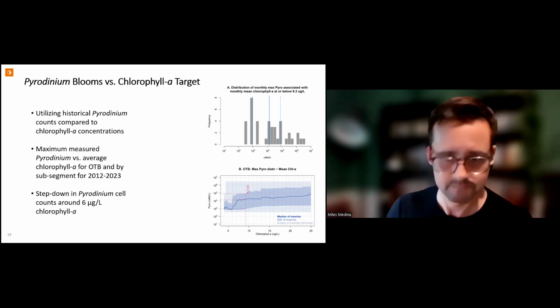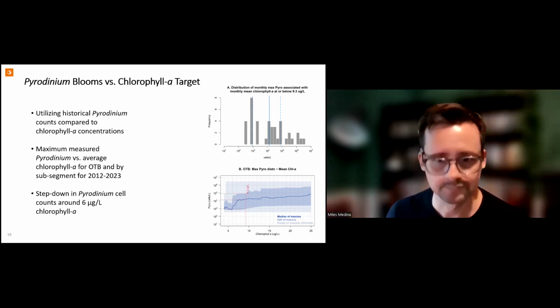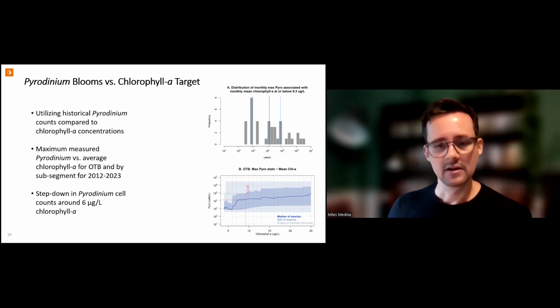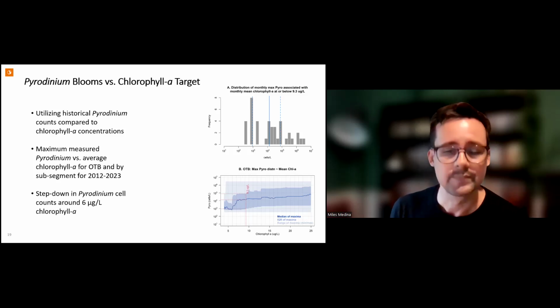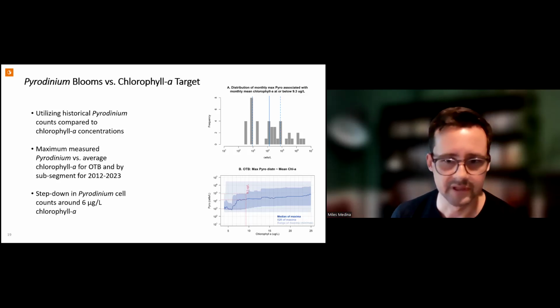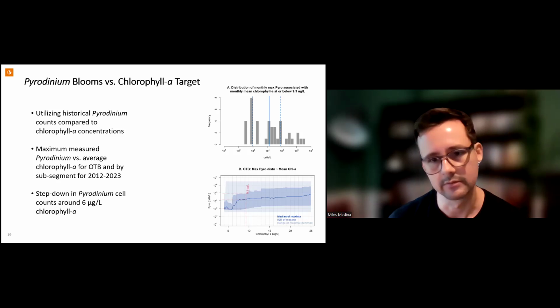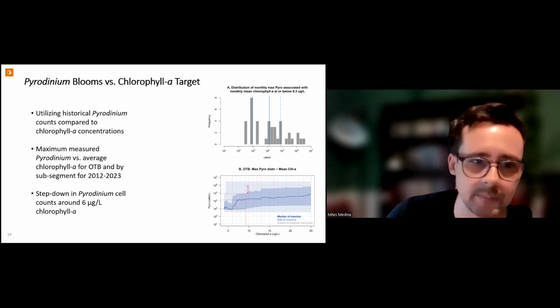So you might see the minimum pyrodinium cell count at about 300 cells per liter, all the way up to like 100,000 cells, which is considered a medium bloom. And so there's not really a useful relationship there that can tell us, do we need to adjust the management target or the chlorophyll threshold down to better control pyrodinium.